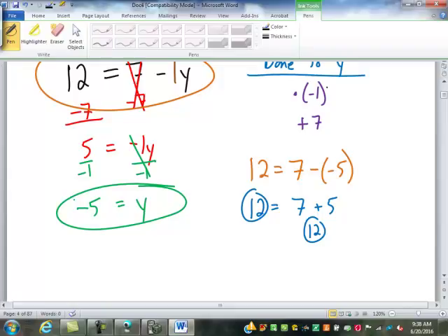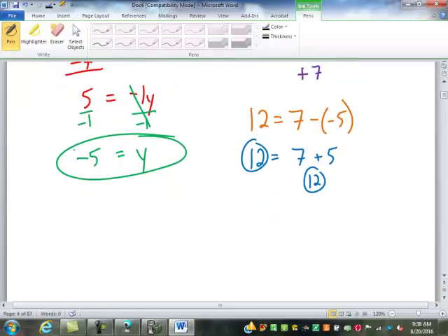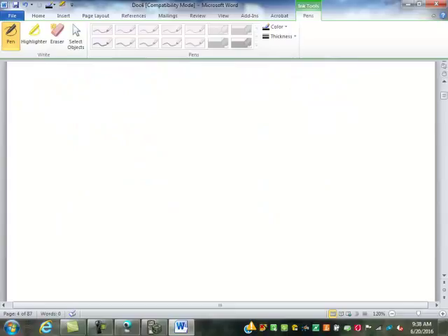Well, since we're working and having fun with these negatives, let's keep going to one of our other commands, which was evaluate. Remember, evaluate meant give a value to.